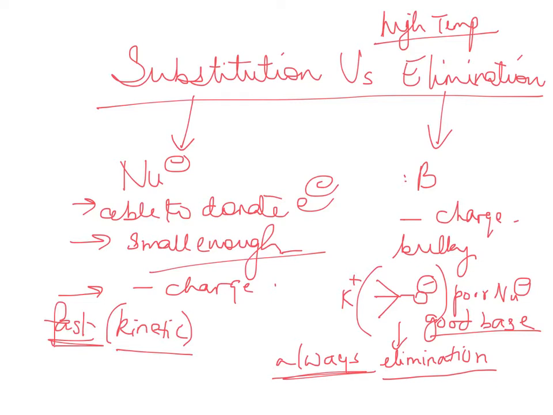On the other hand, if you're thinking about a base, it does not really reflect how quickly the equilibrium is established, and so it doesn't matter because you're not really measuring the speed of the reaction, you're only measuring the stability and the position of the equilibrium. So basicity measures that stability, and hence you're looking more at the thermodynamic aspect of the reaction. On the other hand, for a nucleophile, it's the speed of the reaction that we are looking at, so the key thing to look for there is the kinetics of the reaction.